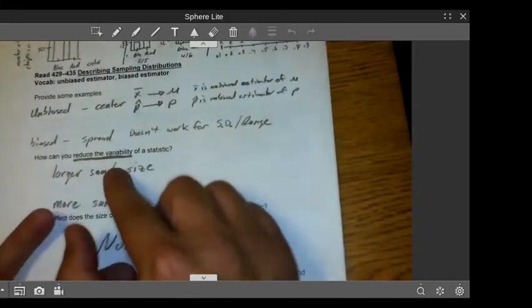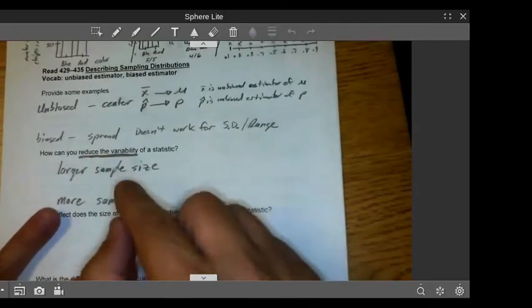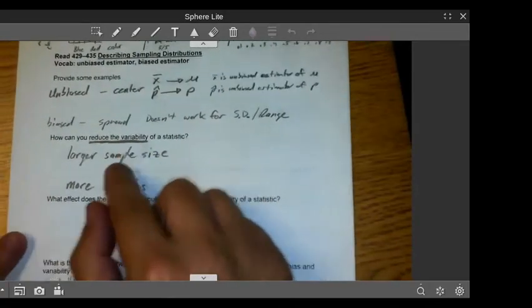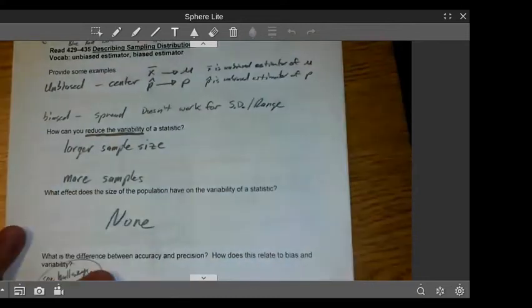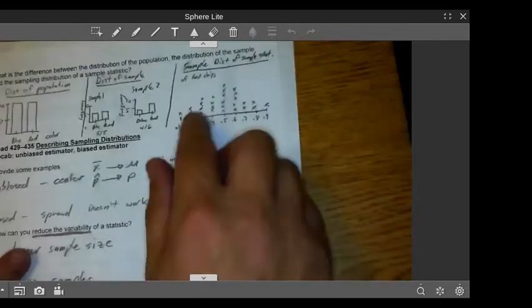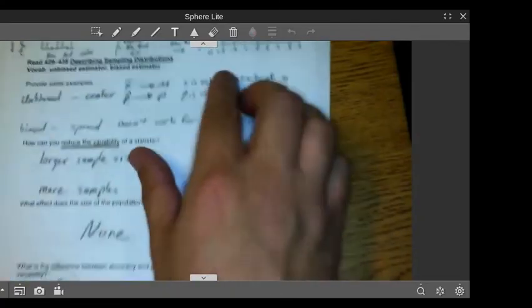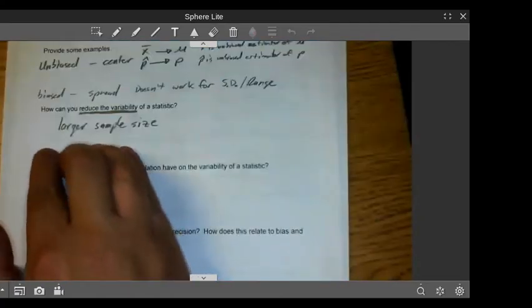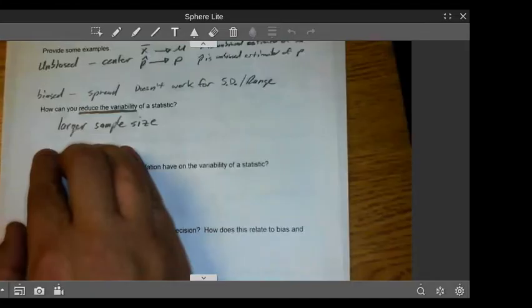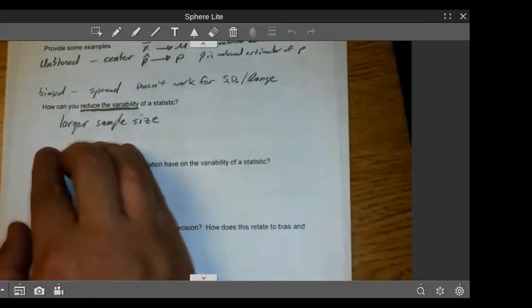All right, here we go. How do you reduce the variability of a statistic? Increase the sample size, or take more samples. If you do more samples, then you're going to get more of them in the center. But really, to be honest with you, the big one right there is increasing sample size. That's something you'll need to know for the AP exam and the semester exam, lots. Reduce variability, increase sample size.